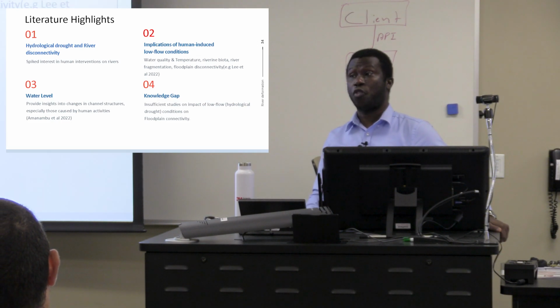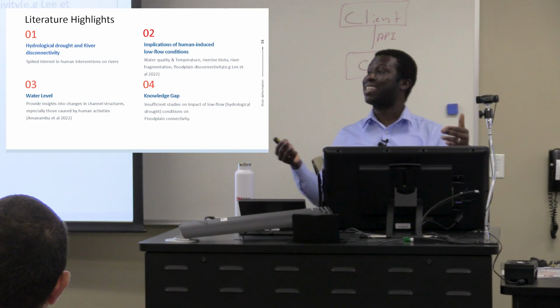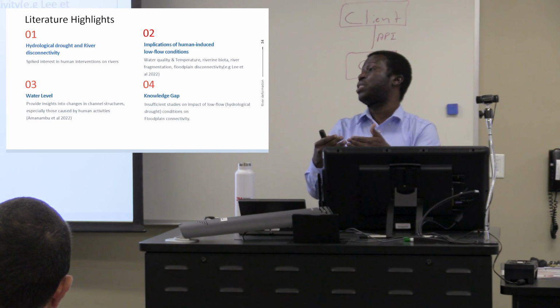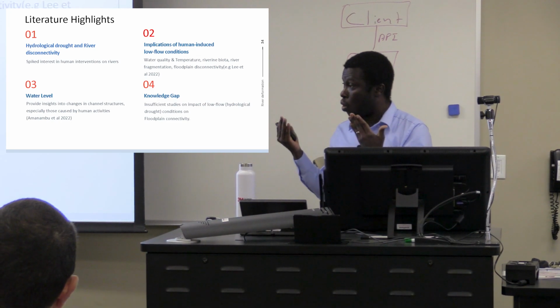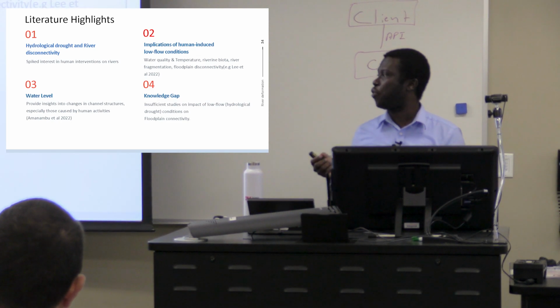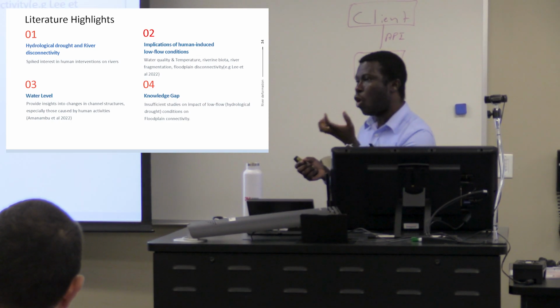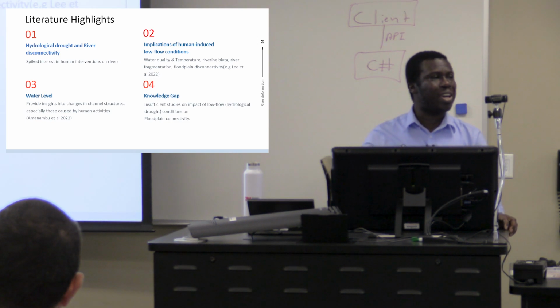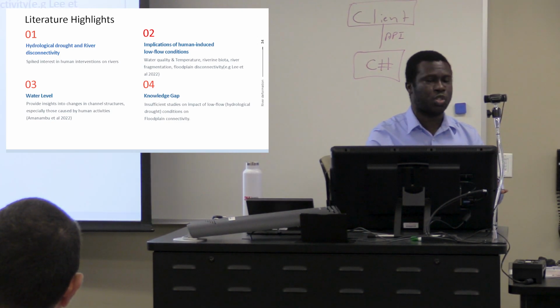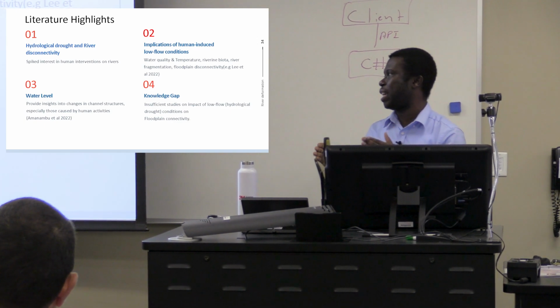The reason is this: of course, we all know that discharge captures all the characteristics, including the flow regime, sometimes even the structure of the river platform. But what water level or stage does is that in every location, it shows more insight into the changing structure of that river, far better than discharge.